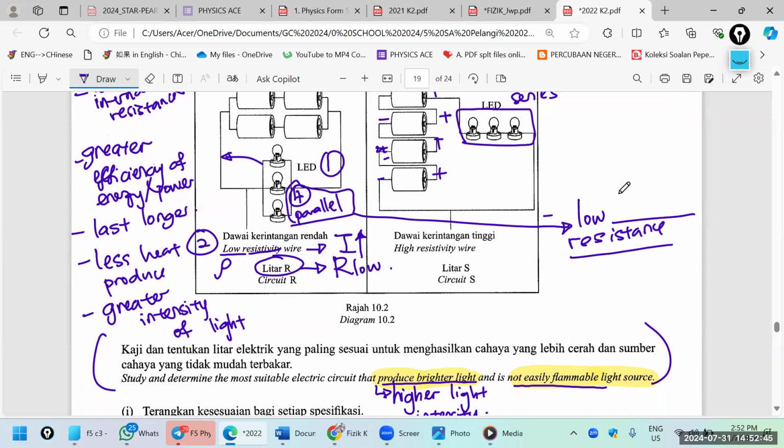Internal is for battery. This one is called effective resistance. Outside battery, we say effective.